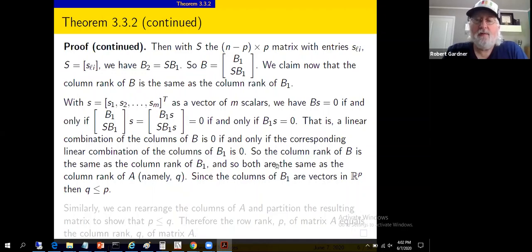All right, so we got into this mess, and it brings back up the column rank of A. We set this up where we had matrix B, and the column rank of B is the same as the column rank of B sub 1, and so the same as the column rank of A. We commented above, using the lemma, that the column rank of B was the same as the column rank of A. So that's how it's all glued together.